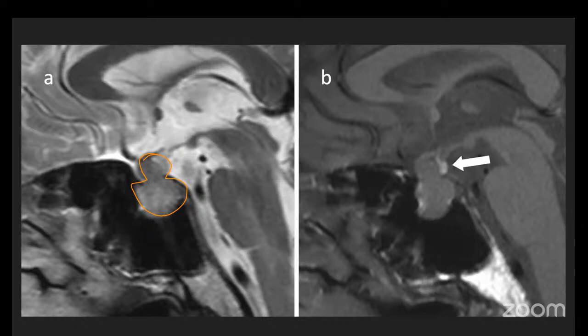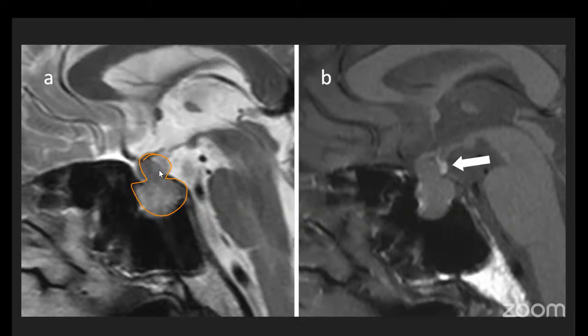I was on image A, and what I wanted to mention here was that this is an hourglass lesion. And why is it hourglass? Because there is constriction at the diaphragma sellae. So there is an infradiaphragmatic sellar portion and a supradiaphragmatic portion. Hence, there is this snowman or dumbbell-shaped tumor.